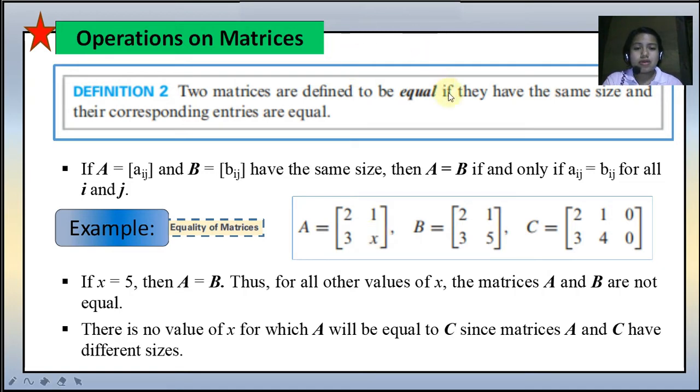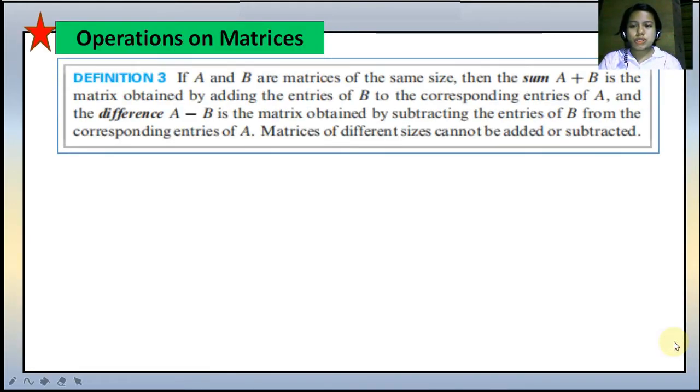From our condition, the two matrices must have the same size to be said equal. Matrices A and B are 2 by 2 matrices, while C is a 2 by 3 matrix, so it can't be equal to either matrix A or matrix B. Matrix A and B can be equal if and only if the value of x is equal to 5. So moving further, we'll proceed to definition 3.